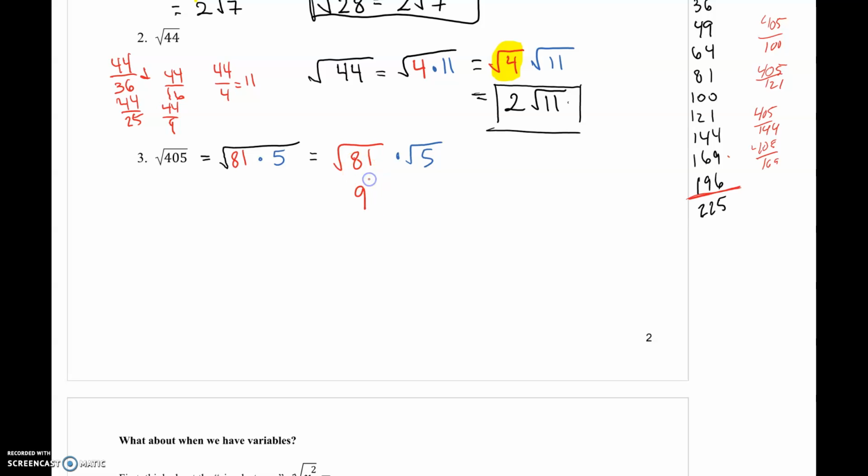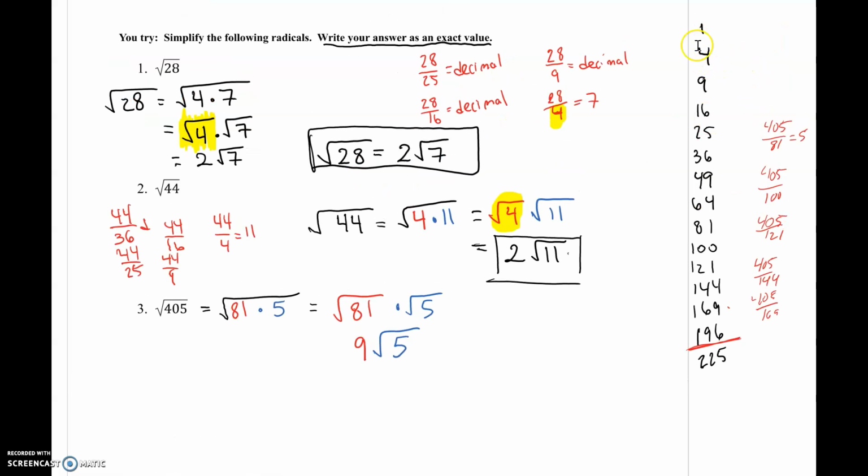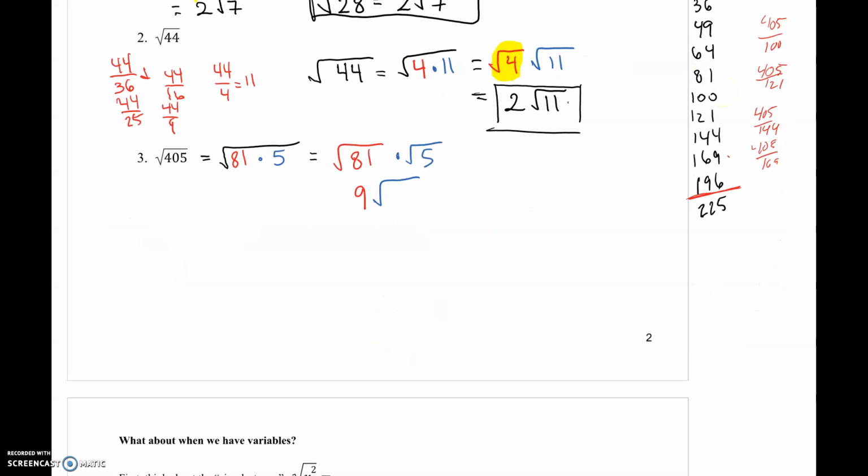That is 9. Square root of 5. Can we simplify that any further? We think about our perfect squares. Is 5 divisible by 4? It's not. So it looks like we are done. So, the square root of 405 simplified is 9 times the square root of 5.